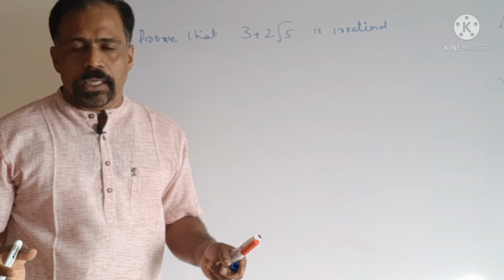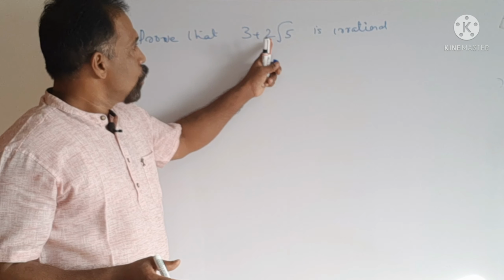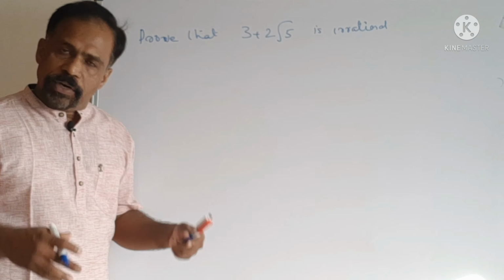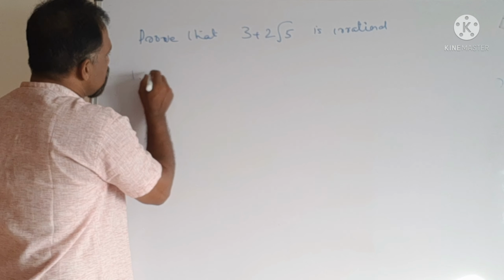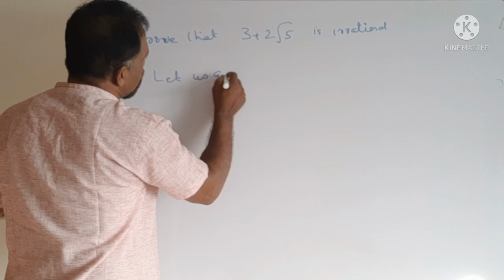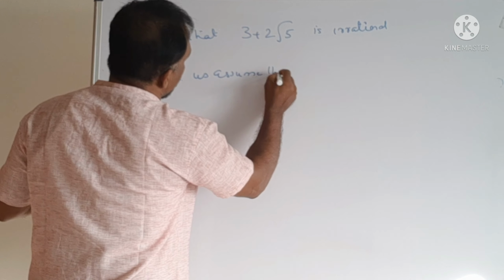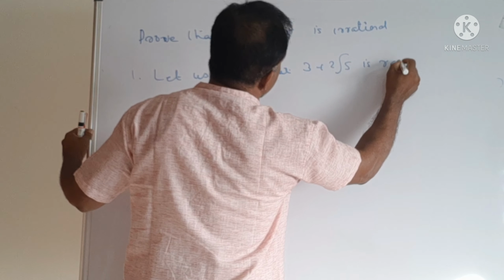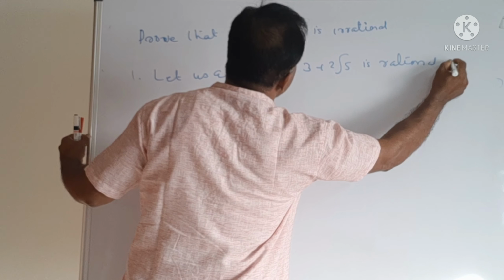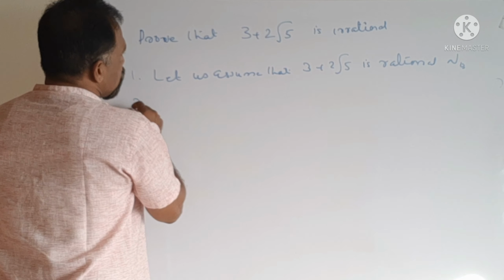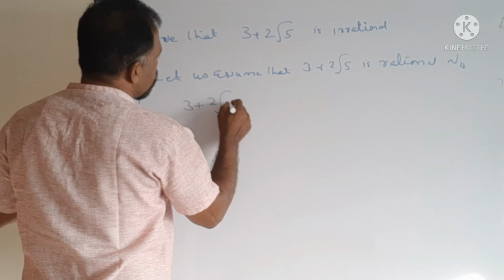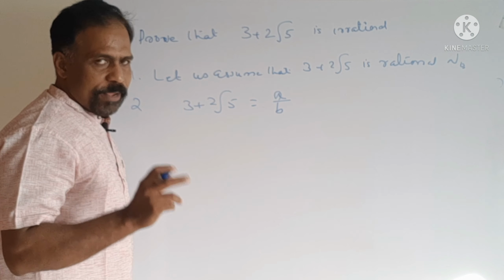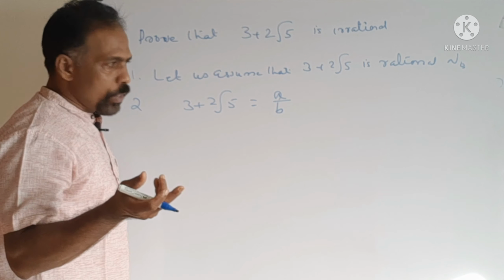We have to prove that 3 plus 2 root 5 is irrational. Now again we do the same thing. Let us assume that 3 plus 2 root 5 is rational. The moment you say it is a rational number, we can write 3 plus 2 root 5 in the form of a by b, where a and b are co-prime numbers and b is not equal to 0.